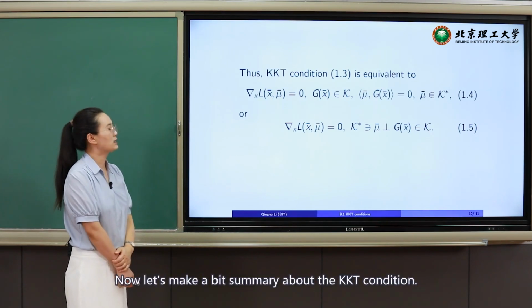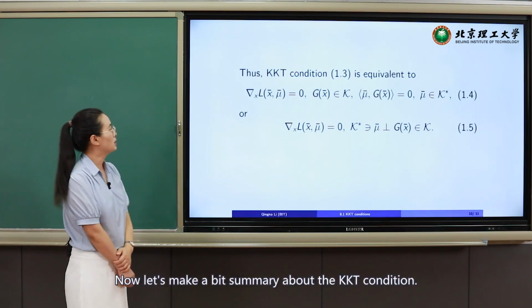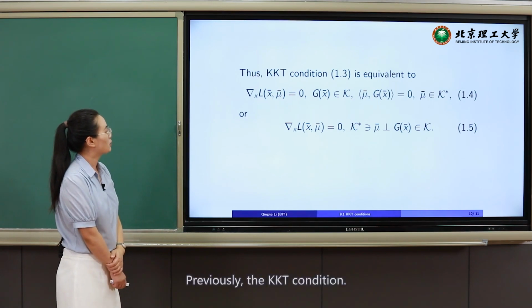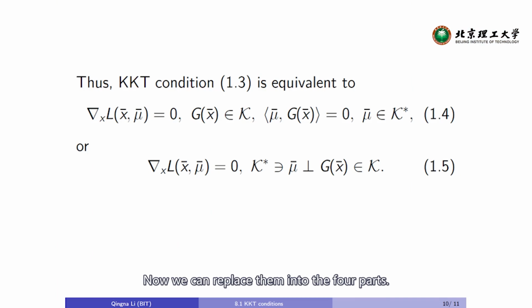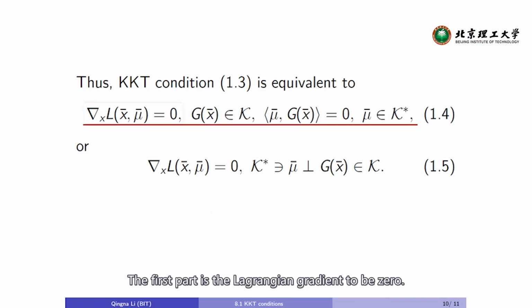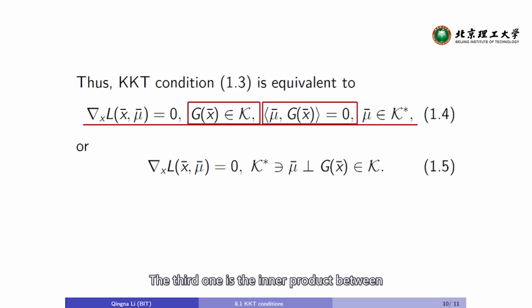Okay, now let's make a big summary about the KKT condition. Previously, the KKT condition can now be replaced by four parts, okay? The first part is that the Lagrange gradient is 0. The second one is that x bar is a feasible point. The third one is that the inner product between the multiplier and g(x bar) is 0.